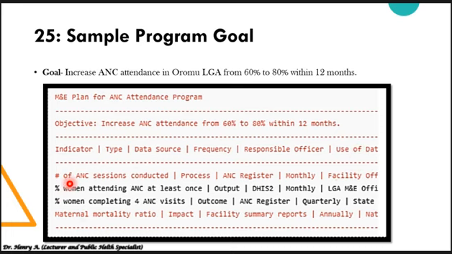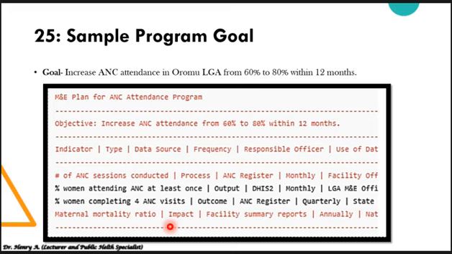Here we can see the number of ANC sessions conducted, the percentage of women attending ANC at least once, and the percentage of women completing 4 ANC visits. Then you see the outcome, the ANC register, quarterly. You see that maternal mortality ratio is also part of them. So this is an ANC attendance program.